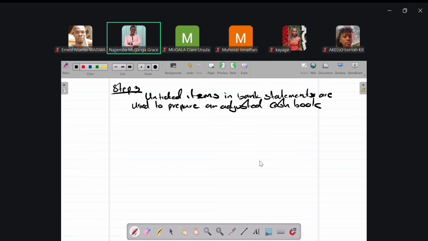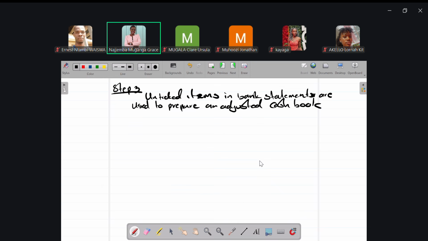We are saying that after you have ticked off the right amounts, you have indicated on the transactions that have errors, there will be some transactions that will be left out, both in the cash book and the bank statement. The ones in the bank statement simply mean that they do not appear in the cash book. They were not recorded there.